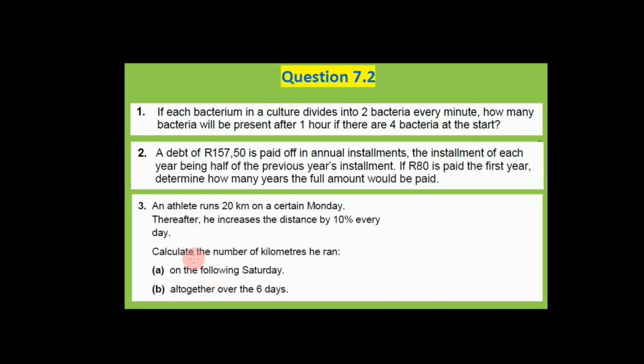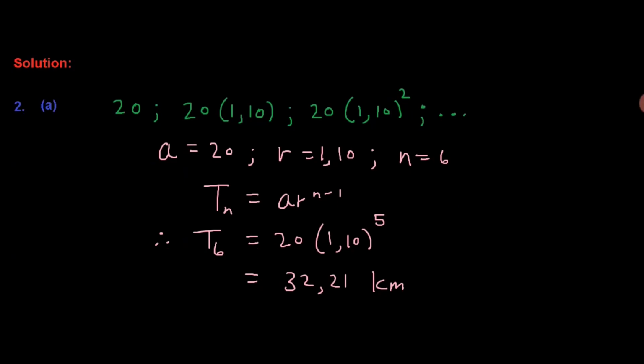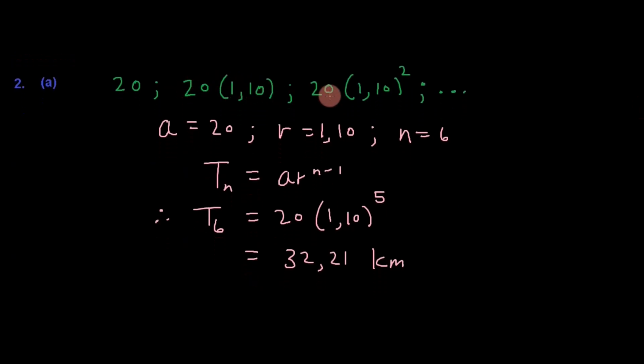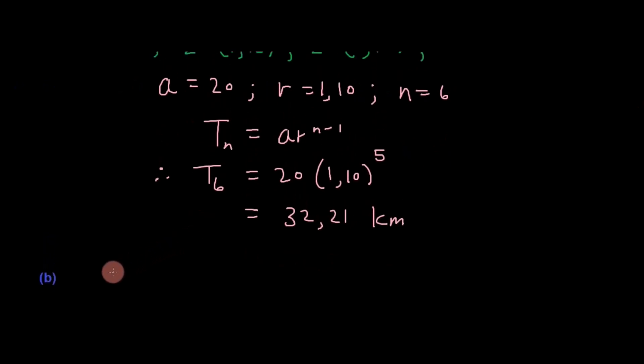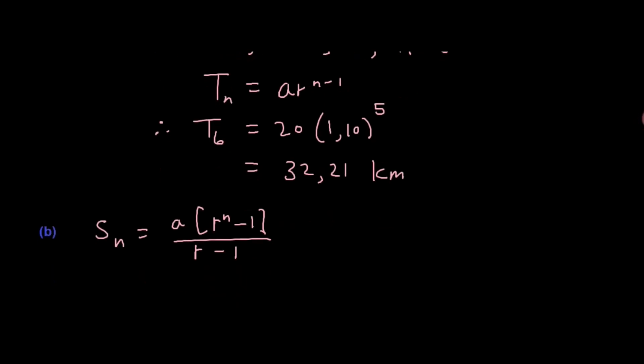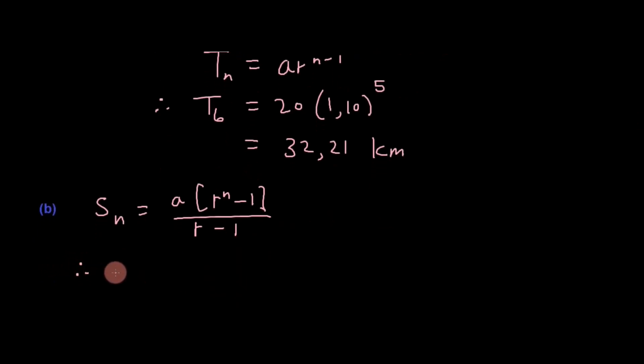Then in B it says, calculate the number of kilometers he ran altogether over the 6 days. So we basically have to add all these terms up to 6 terms. And we're going to use a sum formula. So we want the sum to 6 terms. So A is 20. R is 1,1.